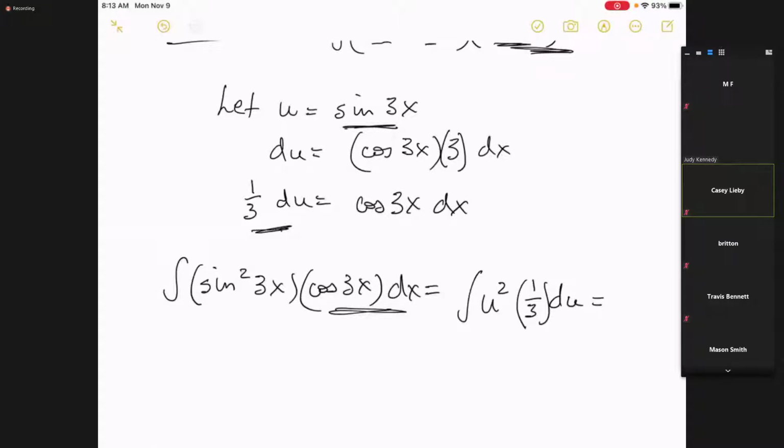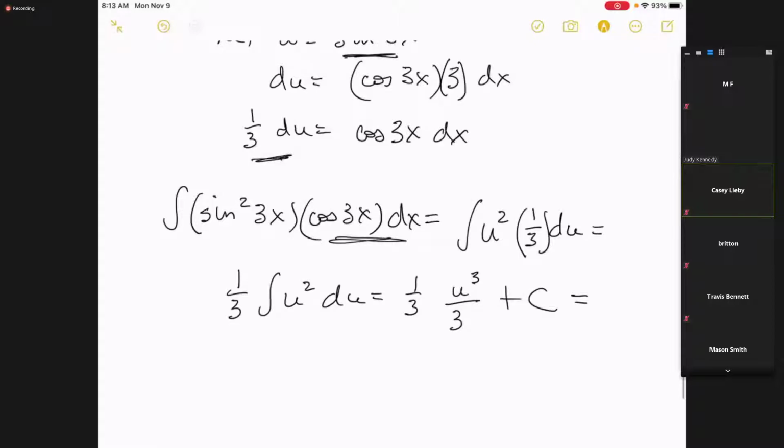And the 1/3 can come out. It's a constant. And then we have 1/3 u cubed over 3. Okay, so that's 1/9. And what was u?